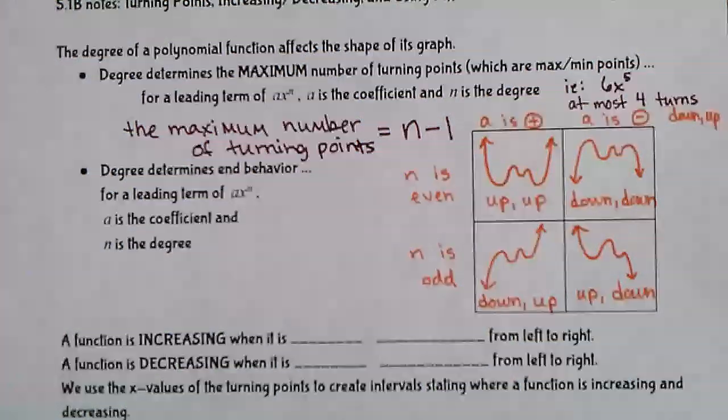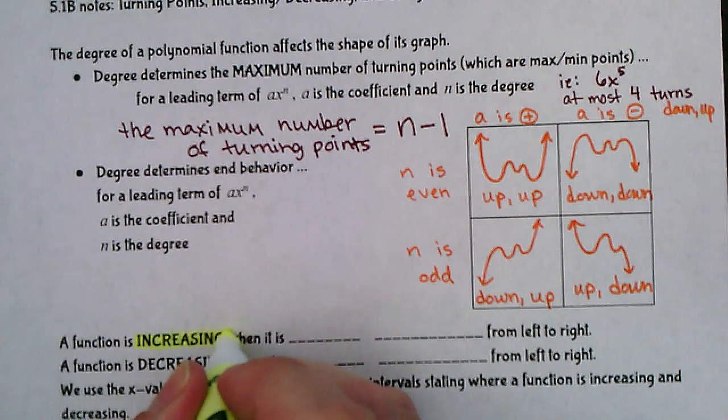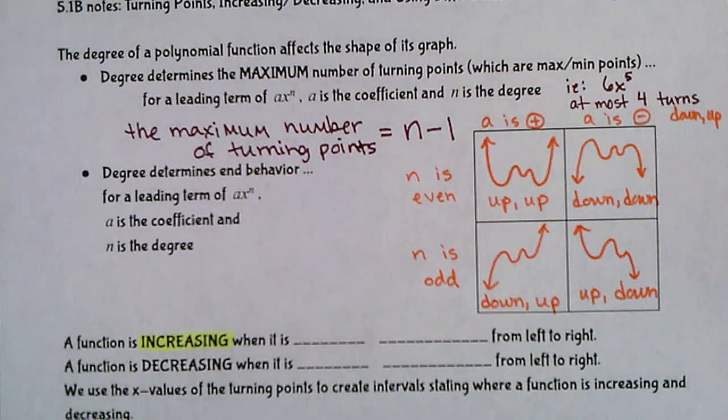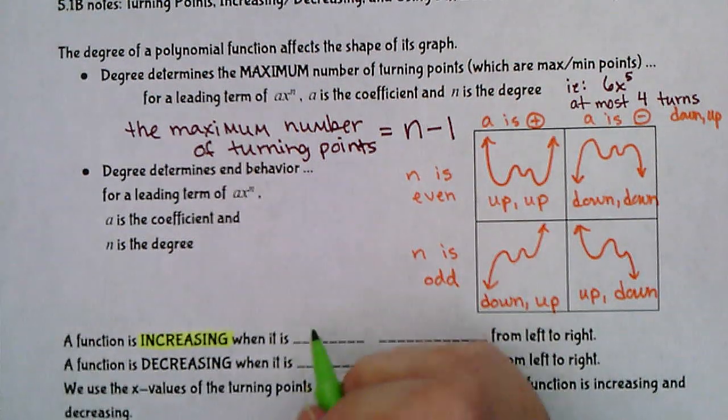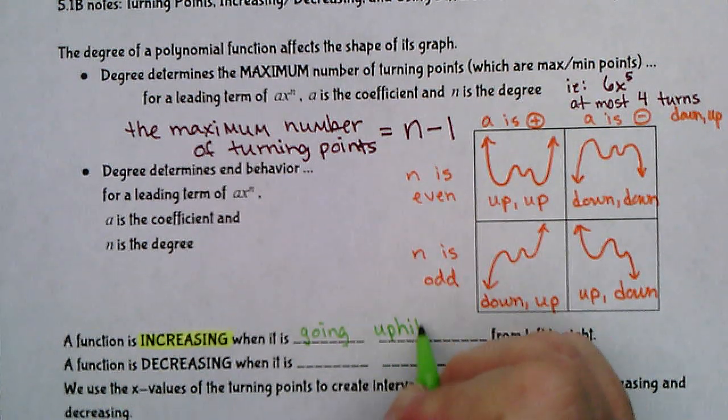Let's talk about where a function is increasing and decreasing. So a function is increasing when it is going uphill from left to right.